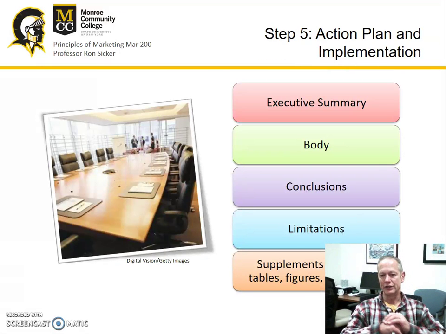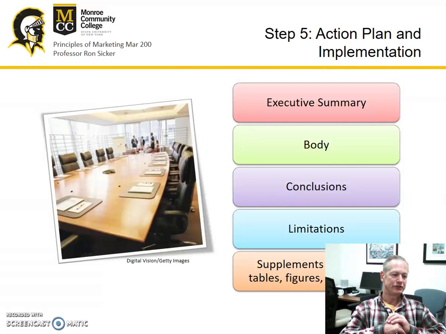Then finally, once you get the data and it's manipulated and it's telling you something, and again, the key thing about marketing research is the data has to tell you something. Just getting data for data's sake does not work. So once you have data that tells you something, you've got to develop an action plan.